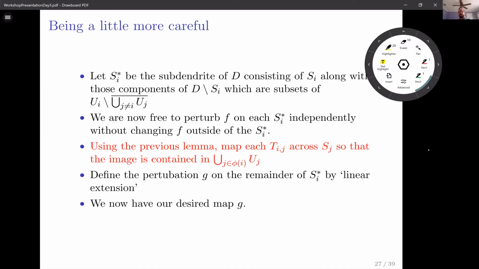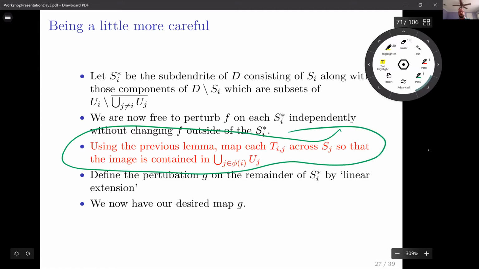Now, in step 3, we were going to map them across each T_ij so that the image was contained in that union. If we look at the details of that lemma, we can actually make it so that not only do they cover each of those S_j's, they cover each of those S_j's with some extra, right? So maybe here's S1, here's S2, then my T_ij maps across it in such a way that we have these anchor points. Okay?